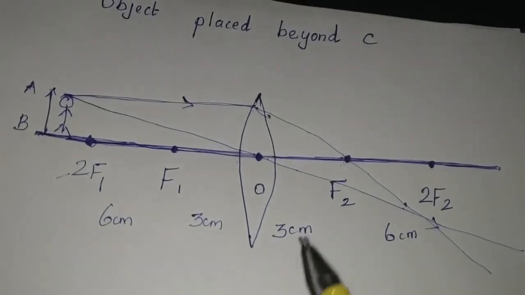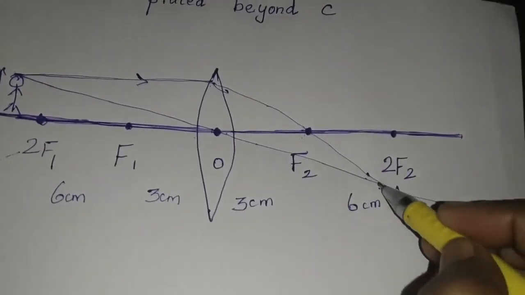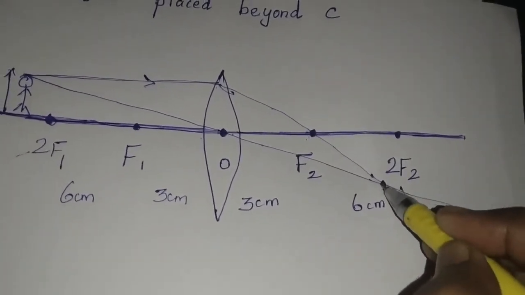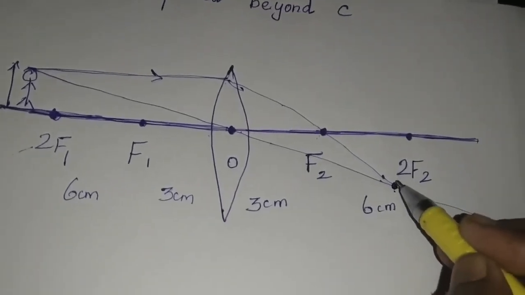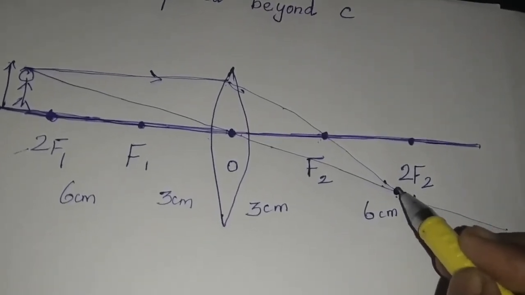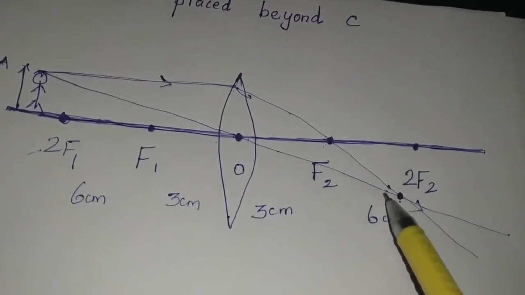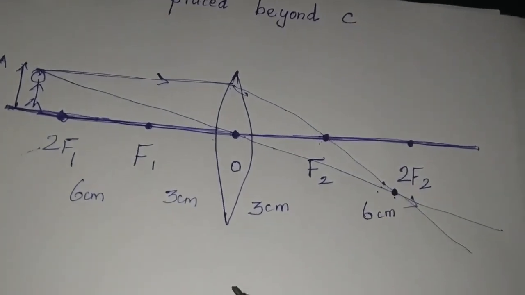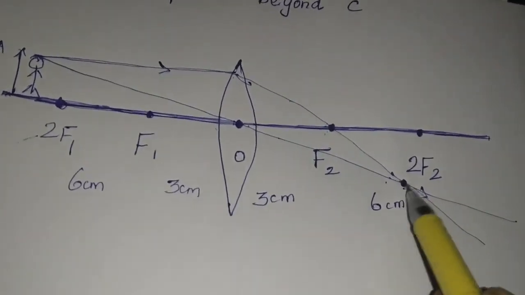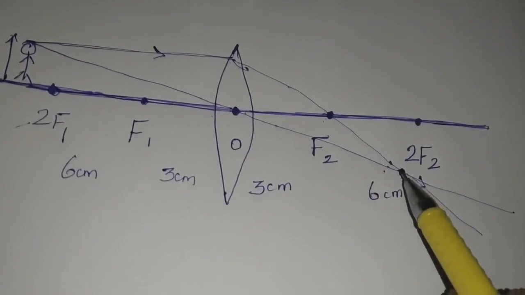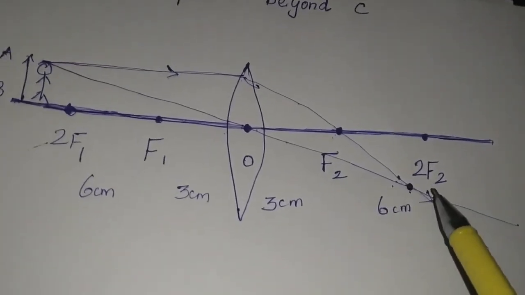So what is the intersection? Here two rays are intersecting. What does the intersection of these two rays represent? Students, that is nothing but the image. So the intersection of the two rays is the image of the object which was drawn by me.